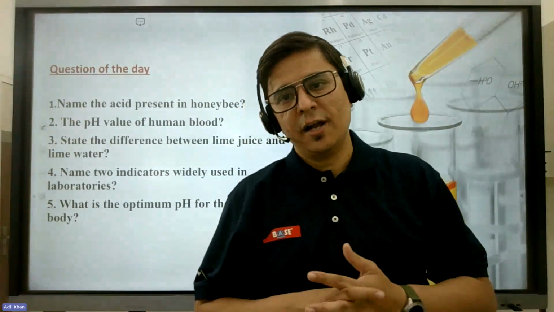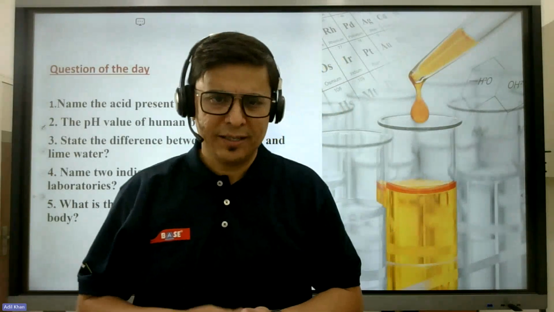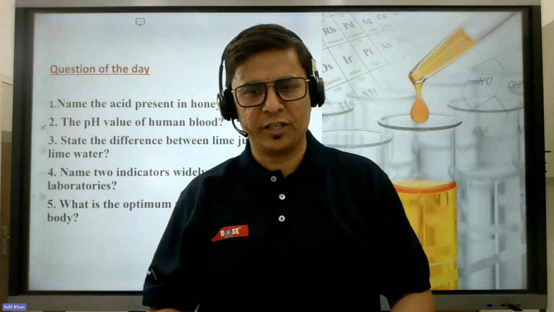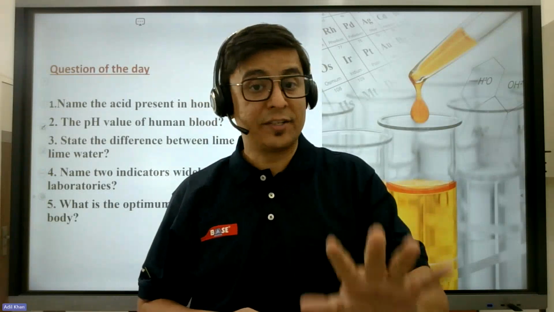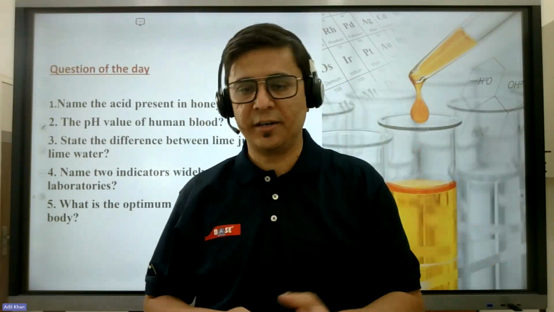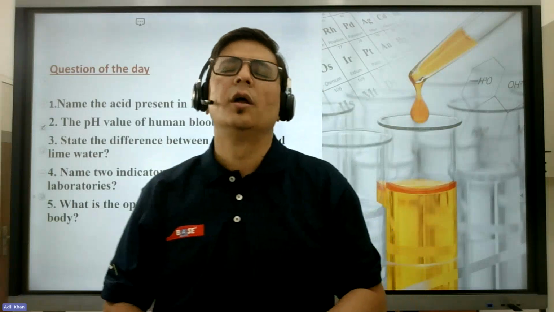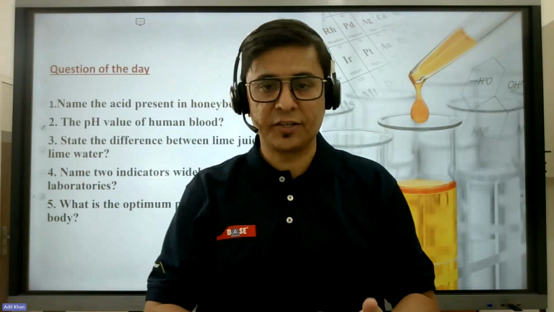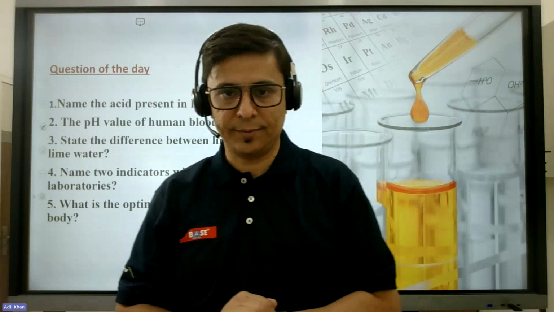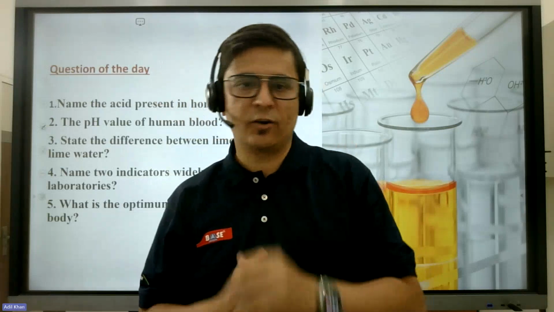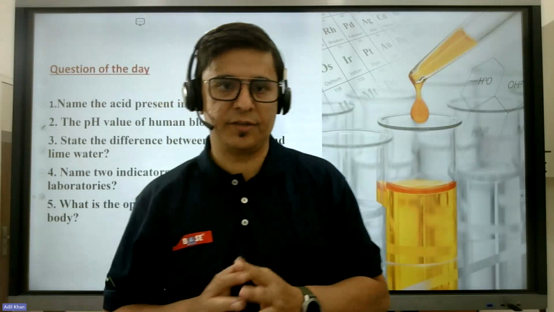Then we discussed the Arrhenius concept, that acids are those which produce H+, bases are those which produce OH-. I even said that there are 5 types of concepts of acids and bases: Arrhenius, Bronsted-Lowry, Lewis, Lux-Flood, and then you have Usanovich concept. But the first three we are going to discuss in the first year of your syllabus.